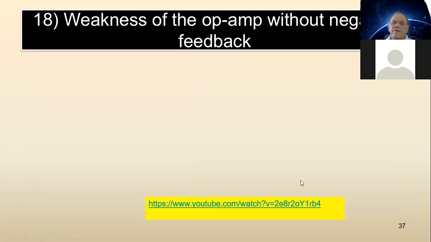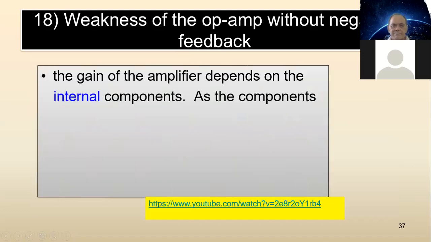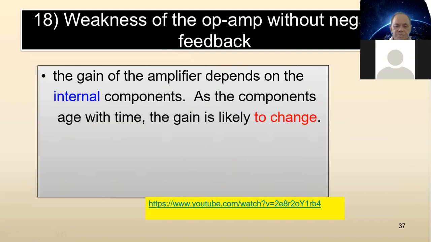Weakness of an amp without negative feedback. The gain of the amplifier depends on the internal components. The internal components are decided by the engineer when they build it, and the gain is determined by them. But as the components age with time, the gain is likely to change.